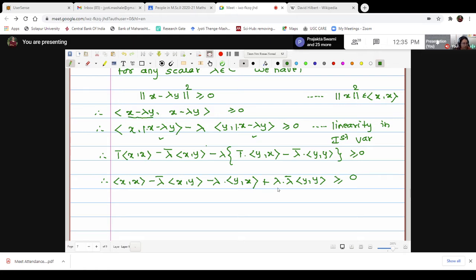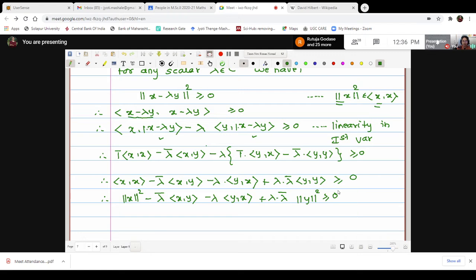Now again with this relation, norm square of x is inner product xx, and the last term is norm square of y. Therefore we write norm square of x minus lambda bar inner product xy minus lambda inner product yx plus lambda lambda bar norm square of y is greater than or equal to 0.